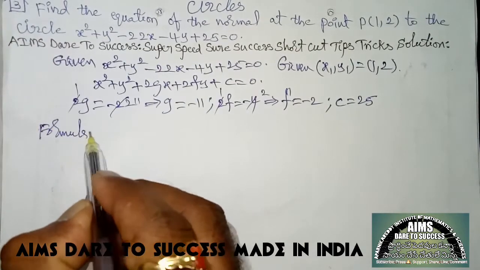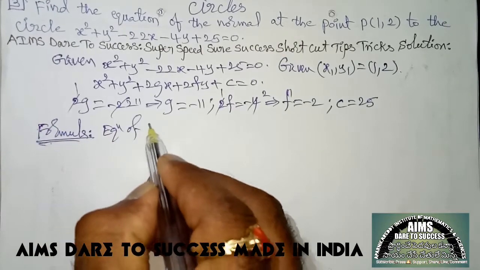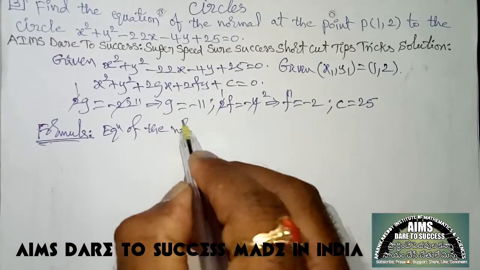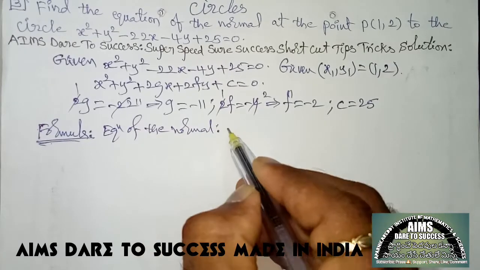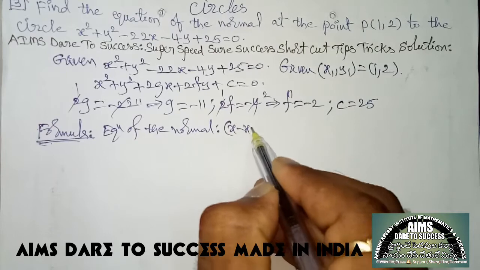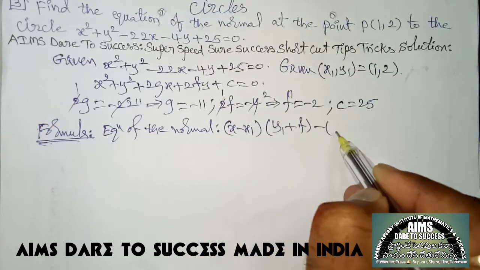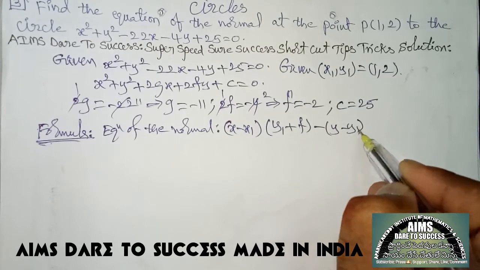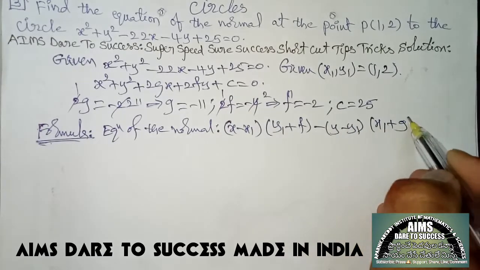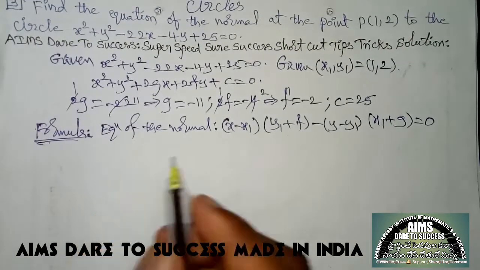The simple and sweet short formula: the equation of the normal is (x − x1)(y1 + f) − (y − y1)(x1 + g) = 0. This is a simple and sweet short formula.